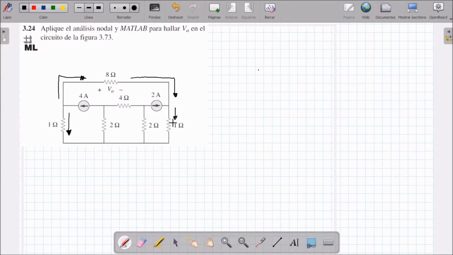I can say, without fear of making a mistake, by this resistance, see the direction, because here is the ground reference and here there is a voltage, which makes another current go there. And here it also comes here for the reference. Now, regarding this resistance, we observe that a current of 2 amperes comes out here, but here a current of 4 amperes comes out of this point, so I suppose that the other goes this way.